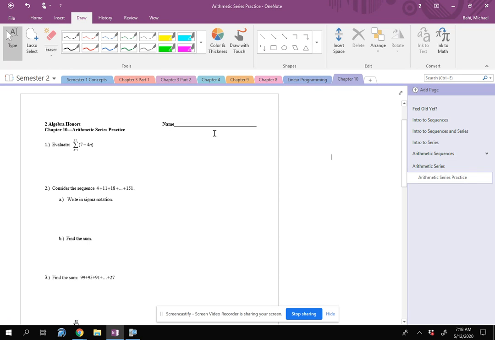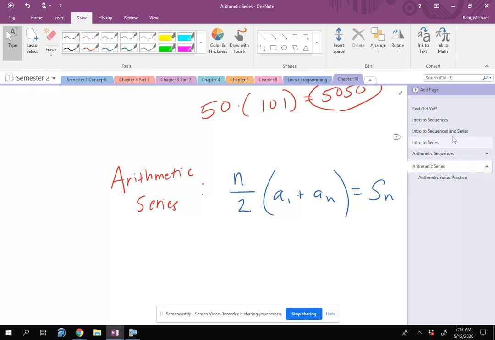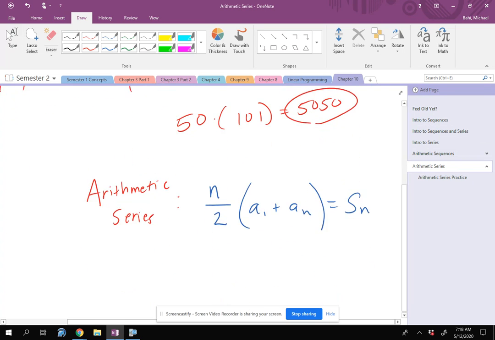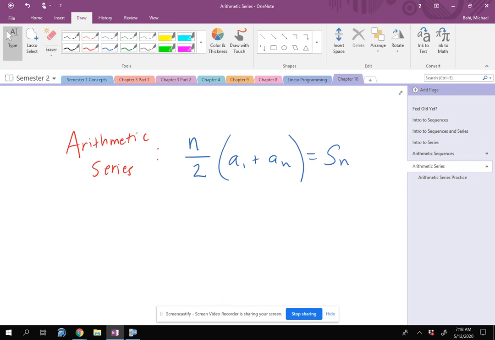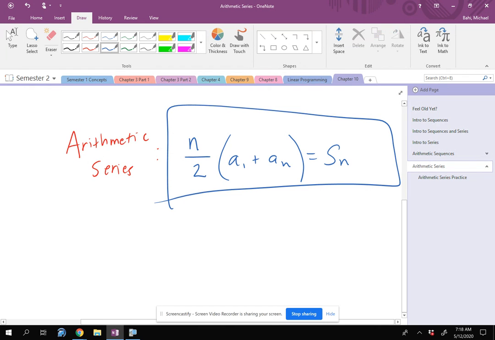You can also write this in sigma notation. Sigma notation and this formula are essentially the same thing, except this formula only works for arithmetic series. In sigma notation, you can put anything you want; it doesn't have to be linear, it doesn't have to be exponential, it could be quadratic.